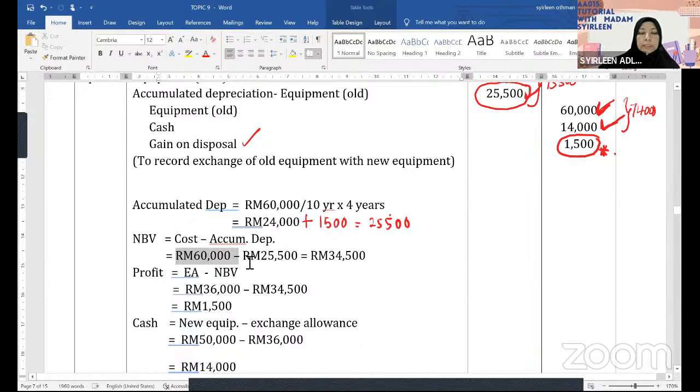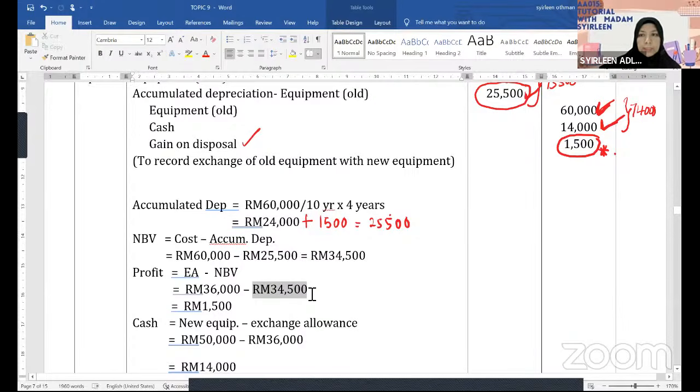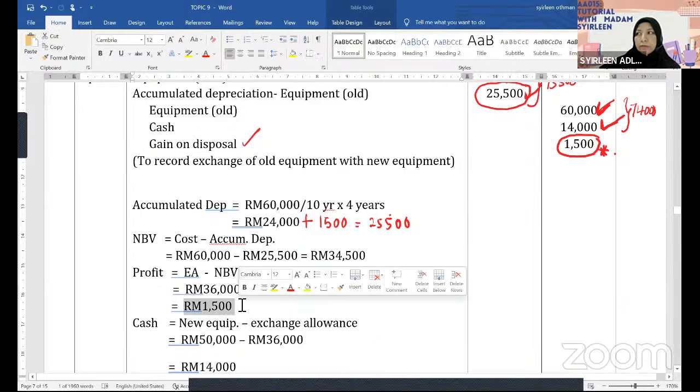Net book value maksudnya harga aset, equipment tadi, the old asset, you akan minus dengan accumulated depreciation. So you have a net book value of 34,500. So bila kita dispose, okay, asset tu pada harga, okay, 36,000 ni tadi, alright, you have the exchange allowance kan, okay, 36,000. So bila kita tolak dengan kita punya net book value, that means kita dapat gain on disposal 1,500.